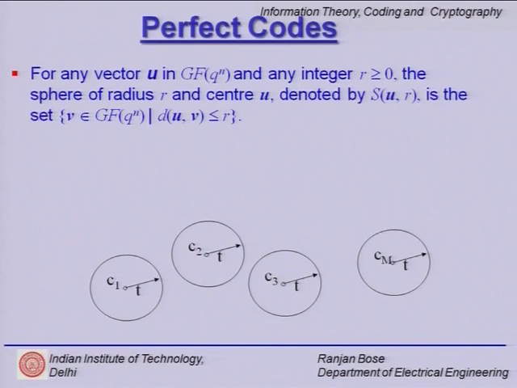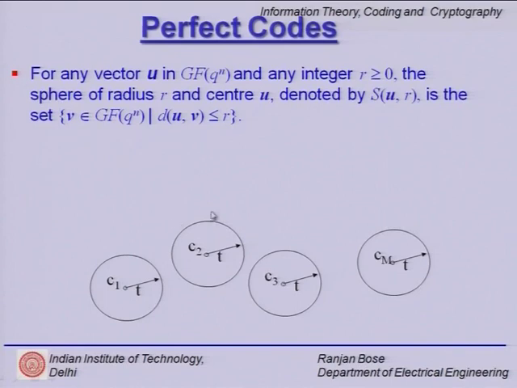Suppose for any vector u over GF(q)^n and any integer r greater than or equal to 0, the sphere of radius r and center u, denoted by S(u, r), is the set of v elements of GF(q)^n, given that the distance between u and v is less than r. So let us understand what this is in Greek. Let us put it back in English.